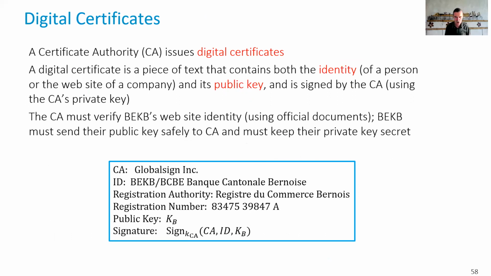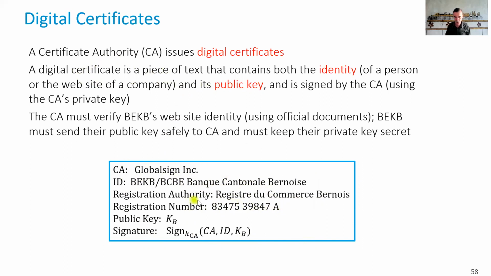Certification authorities are companies that guarantee the identity of other companies, and that provide what is called a digital certificate. So a digital certificate for Lisa's bank, for example, would be a piece of text like this that would contain the official description of the entity, which in that case is a Swiss company.